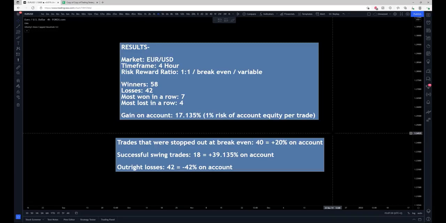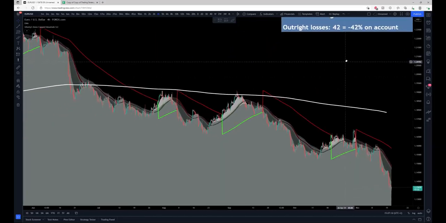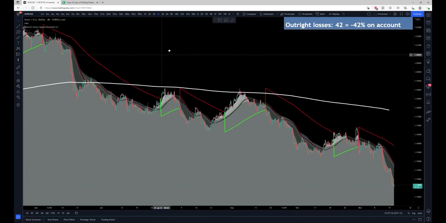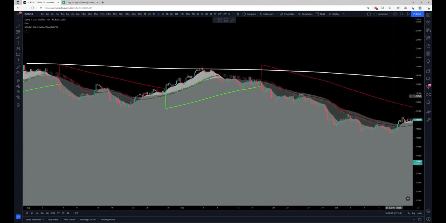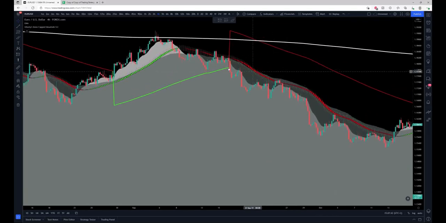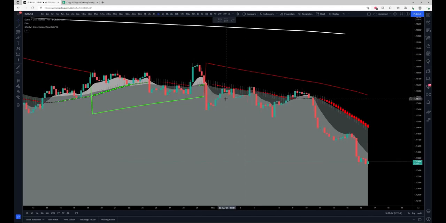So let's get into how I recommend trading with this indicator. The main problem with the way that it was being presented from the creator is often when you get these entries with this indicator, price is already extended. So this is a perfect example right here.